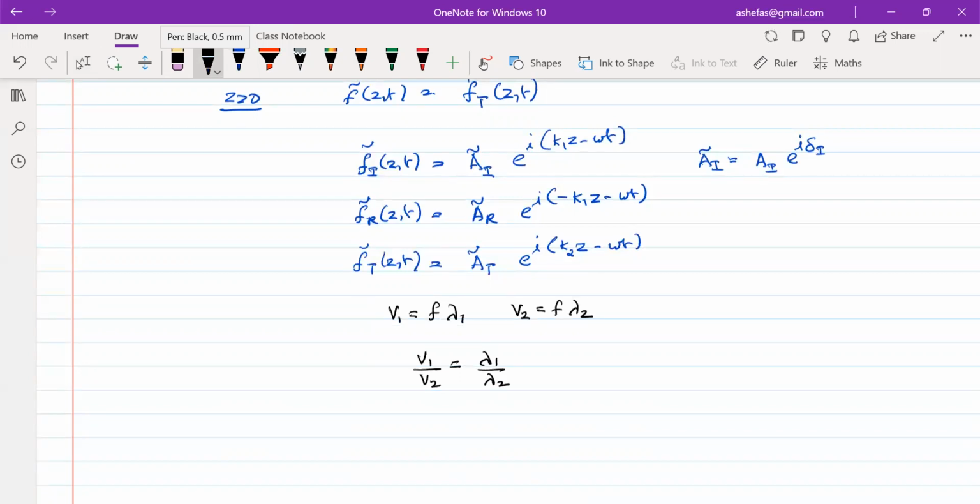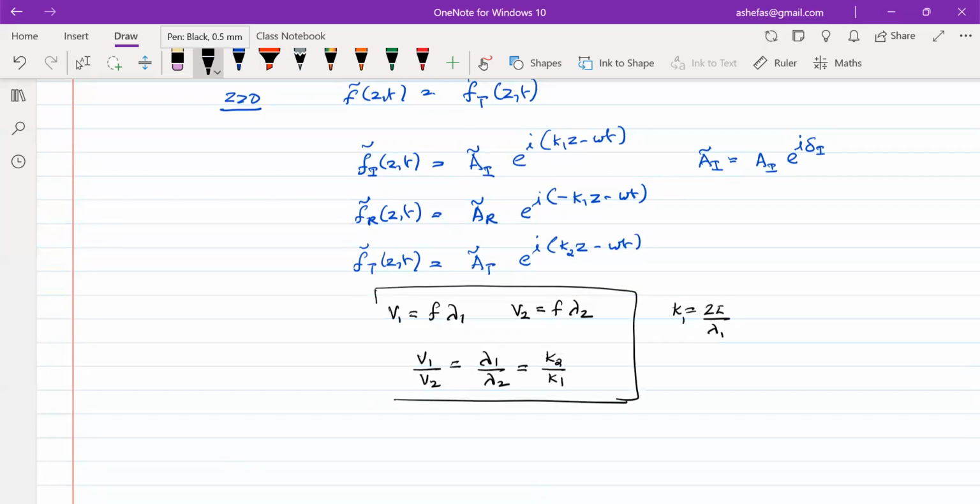Now, what is the relation between the wavelength and the wave vector? k1 is 2 pi by lambda 1, so the wave vector and wavelength are inversely proportional. Therefore, v1 by v2 is also equal to k2 by k1. This relation may be required in the remaining steps, so just keep it in your mind.